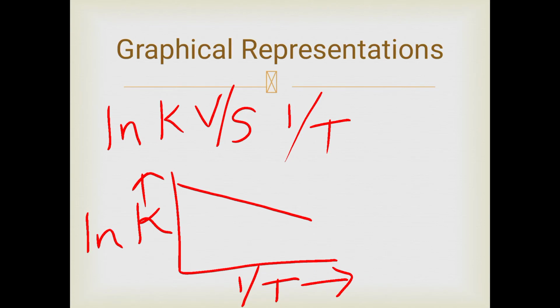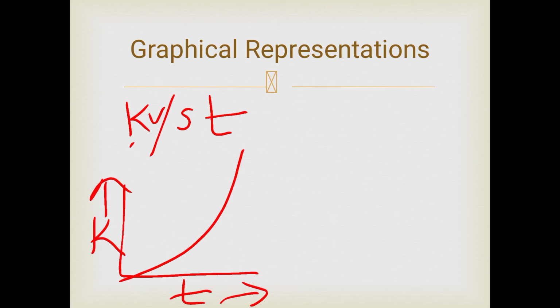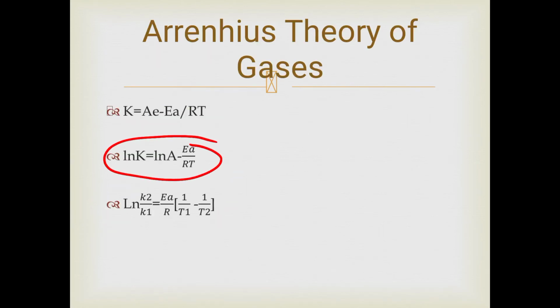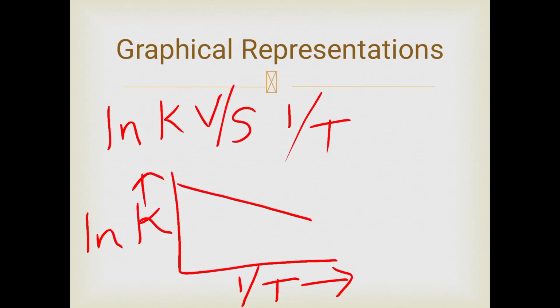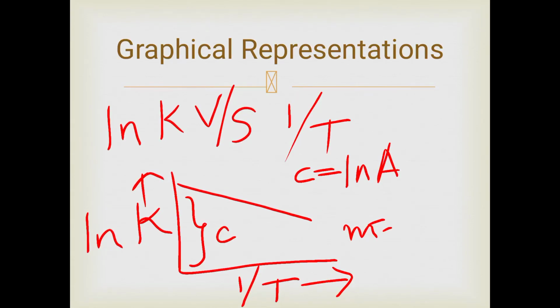For this graph we use this particular equation, wherein you get your slope and your intercept as well, where your intercept is ln of A, and your slope is minus Ea upon R. This is your slope.